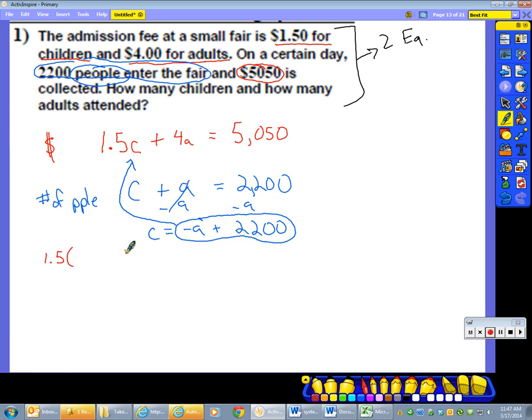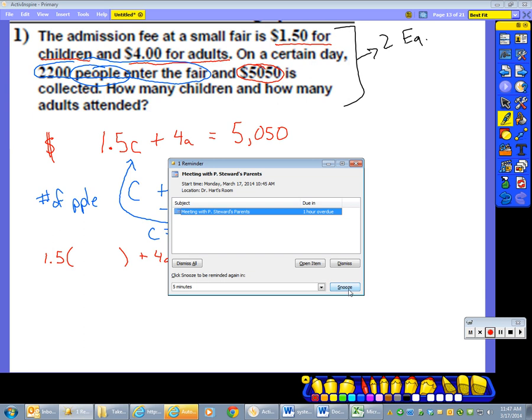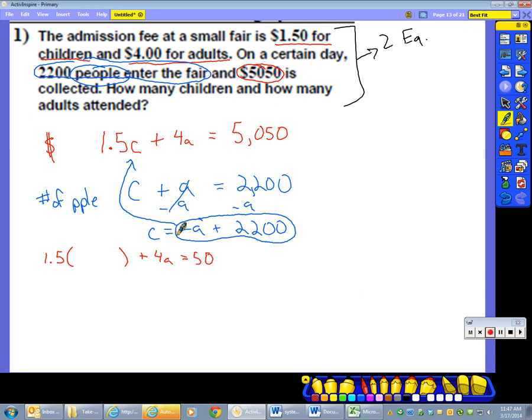1.5 times, I'll leave some space to write all that stuff, plus 4a equals $5,050. So now I'm going to plug in negative a plus 2,200.